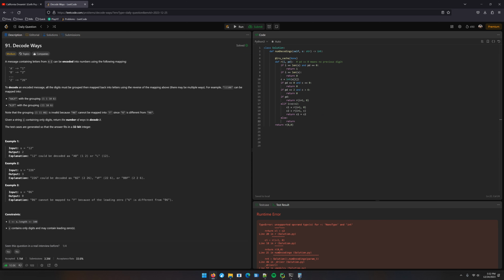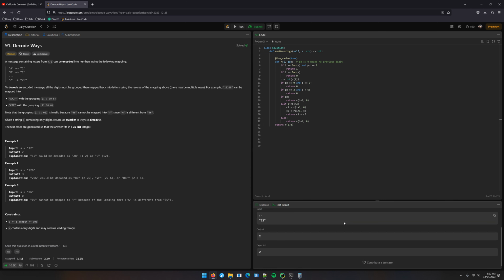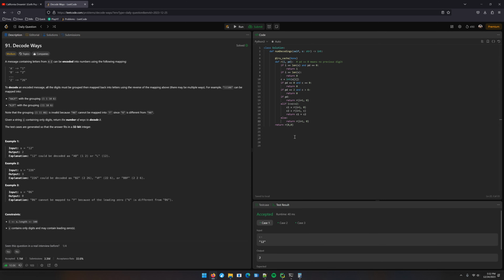In this case, just return R of I plus 1, 0. So, yeah. Run. Okay, cool. Yeah, they're just going to add together. There's no multiplying. I don't know what I was talking about.